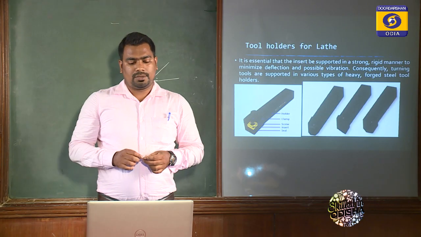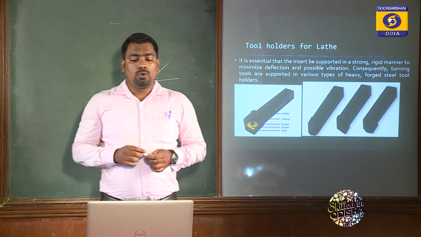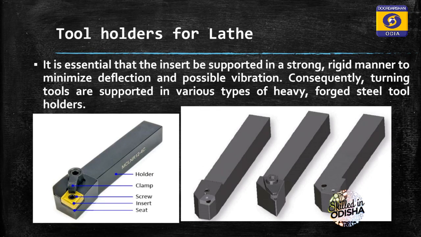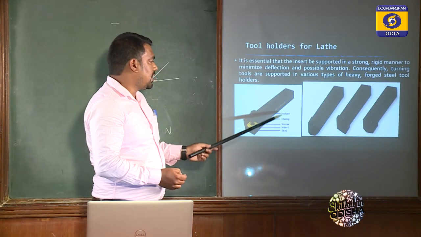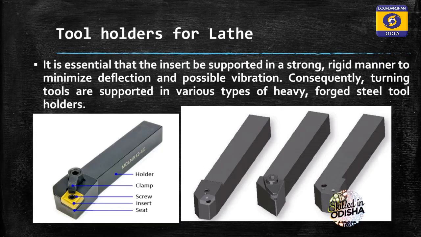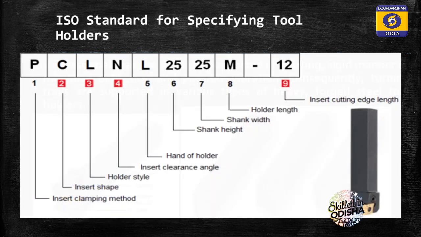Then the next slide is tool holders for lathe. It is essential that inserts be supported in a strong and rigid manner to minimize deflection and possible vibration. Here is the picture of a tool holder for lathe, which has a clamp, screw, insert and seat to hold the insert. This is the ISO standard for specifying a tool holder.